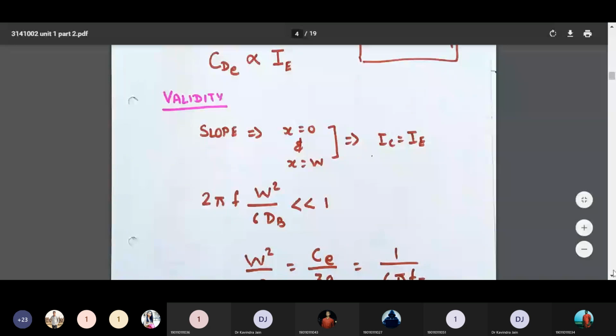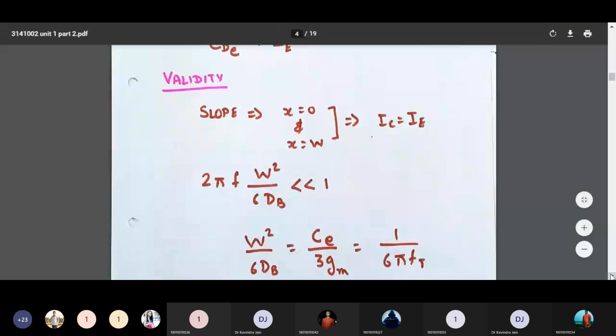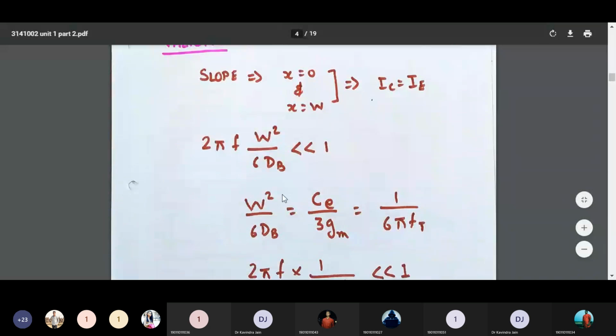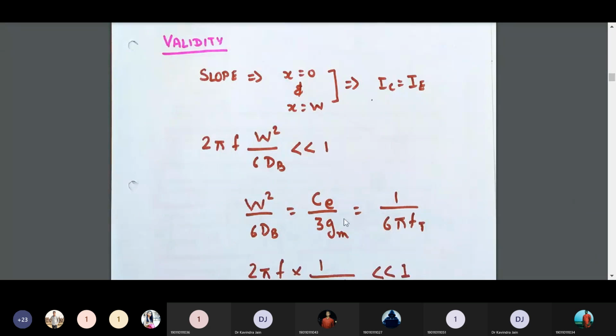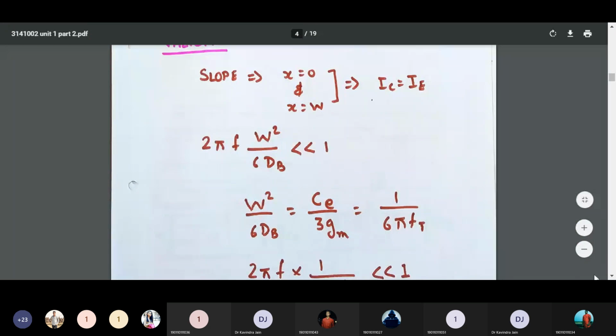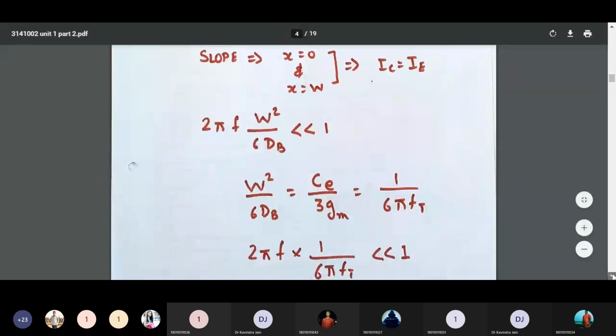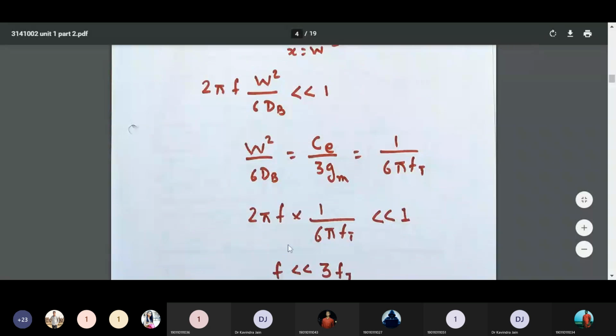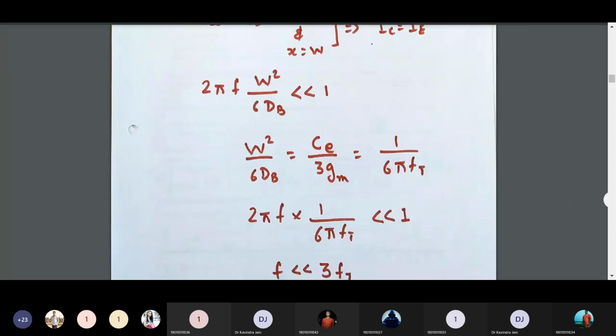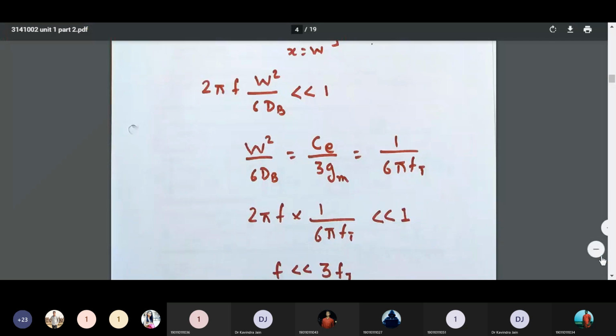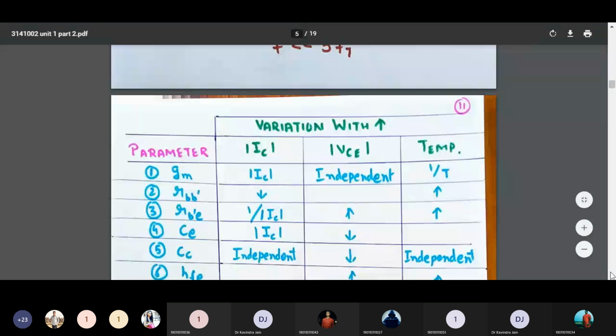If I calculate it in a straightforward way, W square upon 6 D_B is equal to C_E upon 3 gm. gm is my transconductance, C_E is the common emitter configuration, 1 upon 6 pi fT. So 2 pi f multiplied by this value is less than 1, hence f is less than 3 of fT.